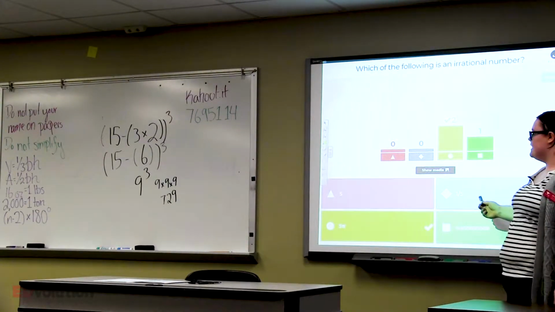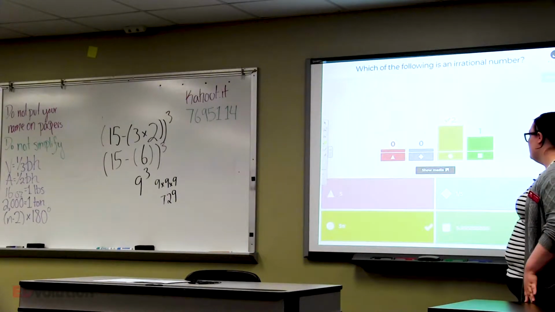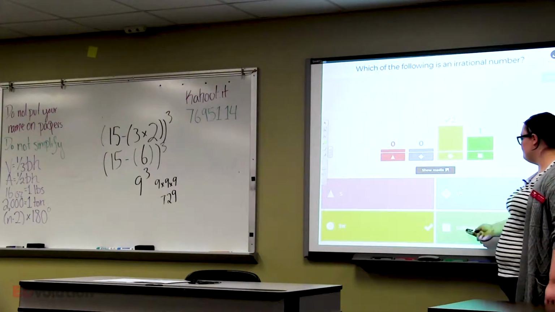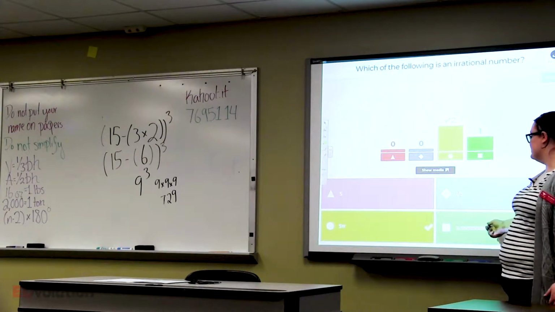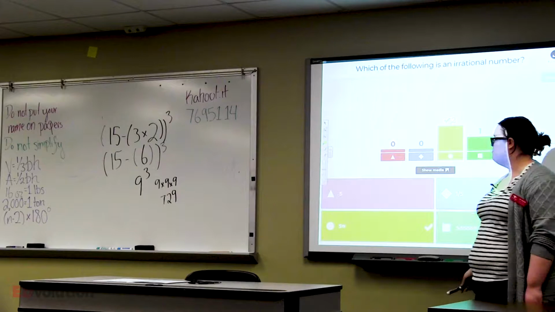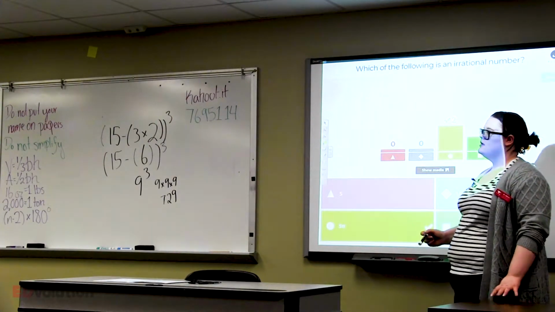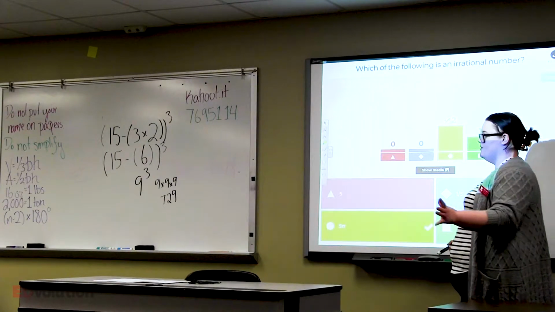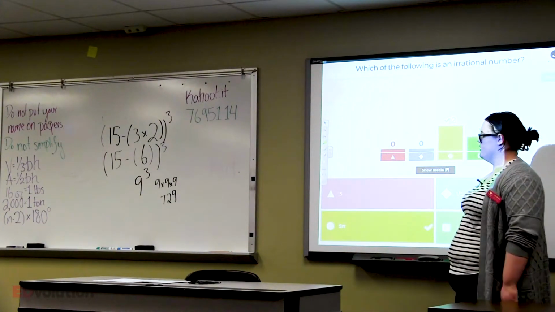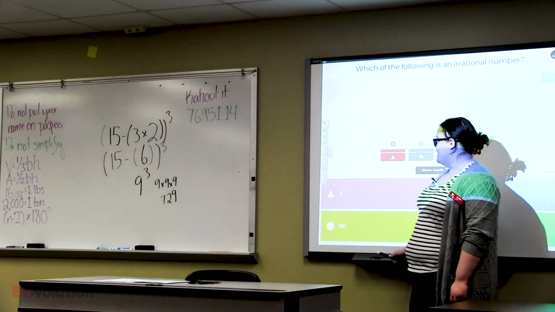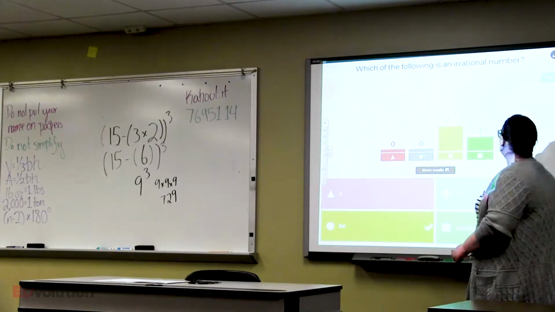With 1/5, if you divided that out, you'd eventually get an ending decimal. 5.5 repeating has an end right here. And then pi is an irrational number because you can recite the decimals of pi out to the thousands of digits and you're still nowhere near the end. And anything multiplied by pi is still irrational.